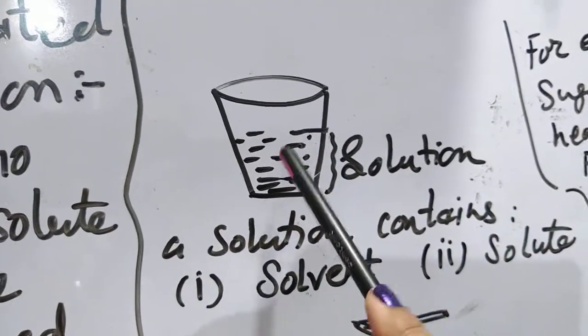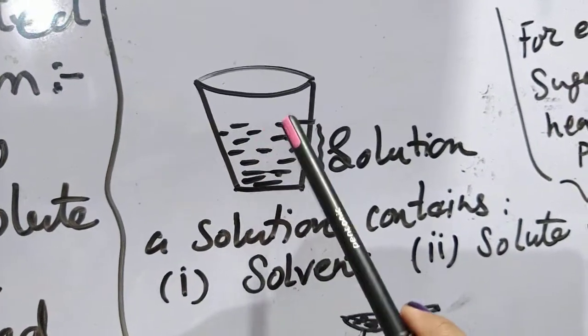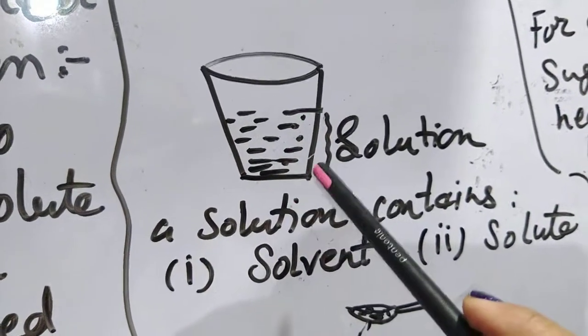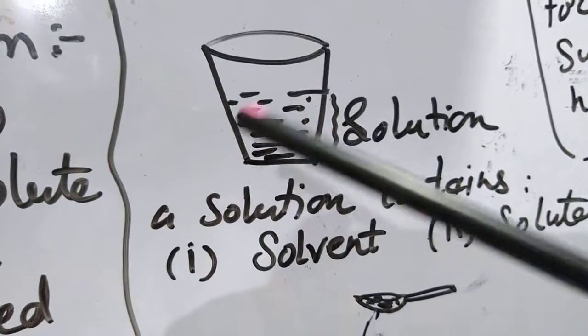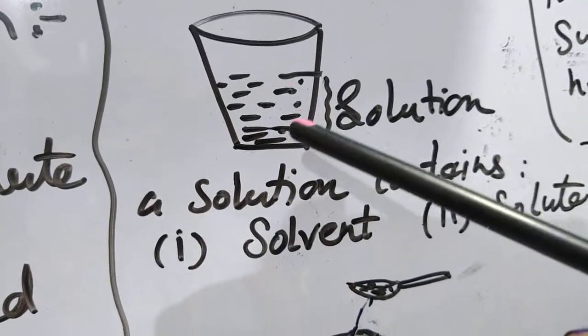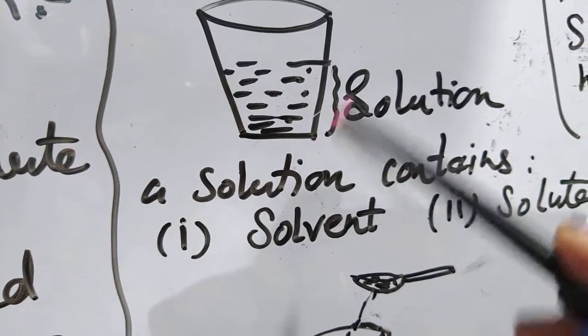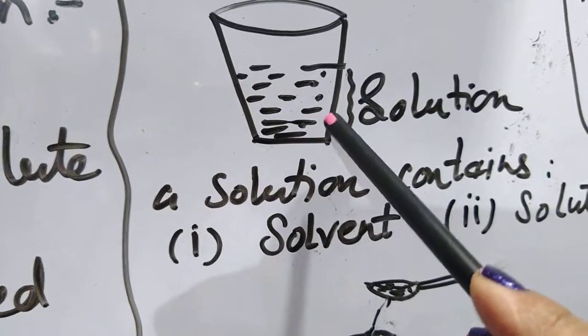For example, you take a solution, maybe this is water mixed with something, some solute in it. That means when we mix sugar, salt or any powder, different types of Horlicks powder in milk or water, then it becomes a solution. A solution contains more than one component.